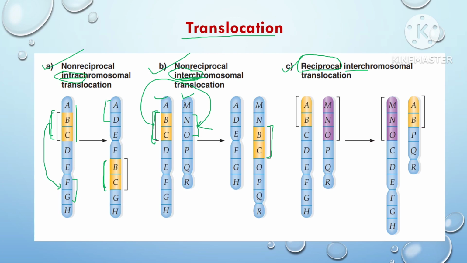So here you can see this AB segment, and in another chromosome there is an MNO segment. What is happening here? This AB segment is transferred from here to here, and in exchange this MNO segment is also transferred here.